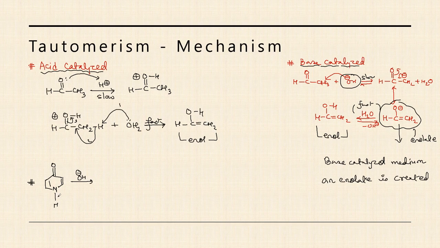What will OH minus do? It will take a proton from nitrogen and create something like this. This will come over here, this will come over here, this will come over here. 1, 2, 3.